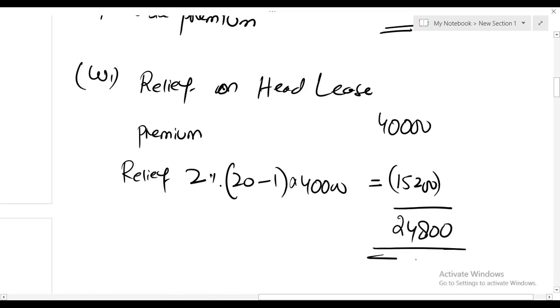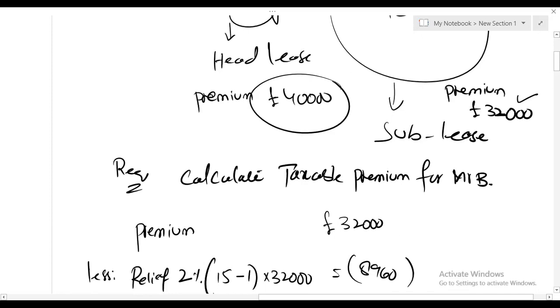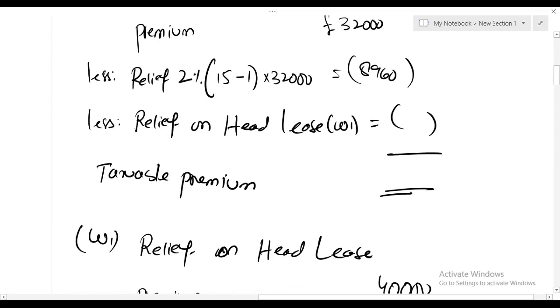Now, how are you going to get relief on head lease? You have calculated this 24,800. Just write that 24,800 and multiply it by the time period of the sublease, which is 15. You need to divide this by the time period of the head lease.